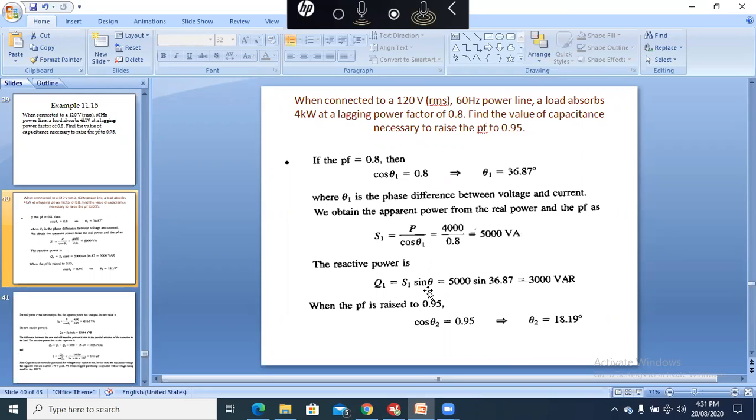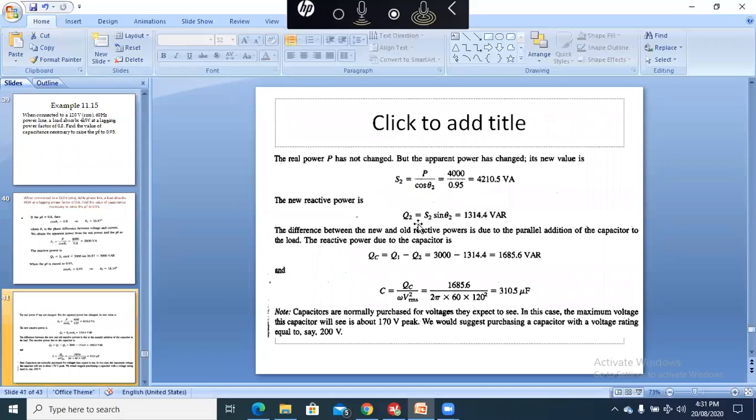Similarly, we follow the same steps to find the value for 0.95. So we find the value of Q2 here, and the difference of Q1 and Q2 is QC.